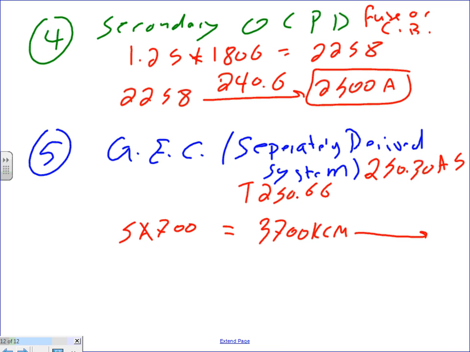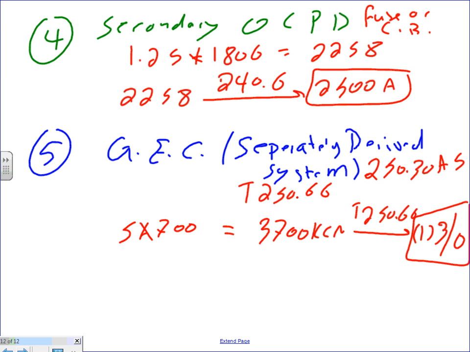You take this to 250.66 table, and the maximum that you can get anyway is 3/0. So one conductor, 3/0, copper, bare or insulated.